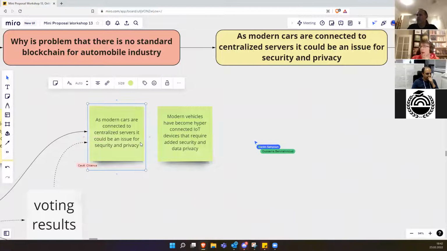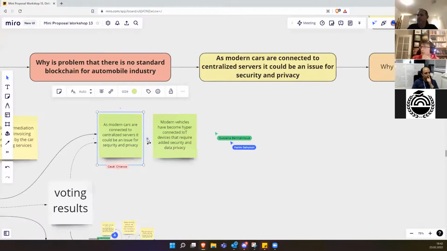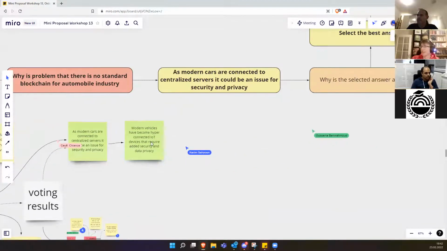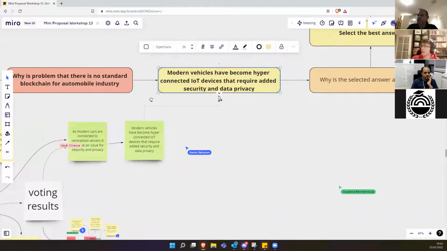Modern vehicles have become hyper-connected to IoT devices that require added security and data privacy. Okay, what does Oussama think? Okay, it's perfect. Should we add another thing, or is it okay?